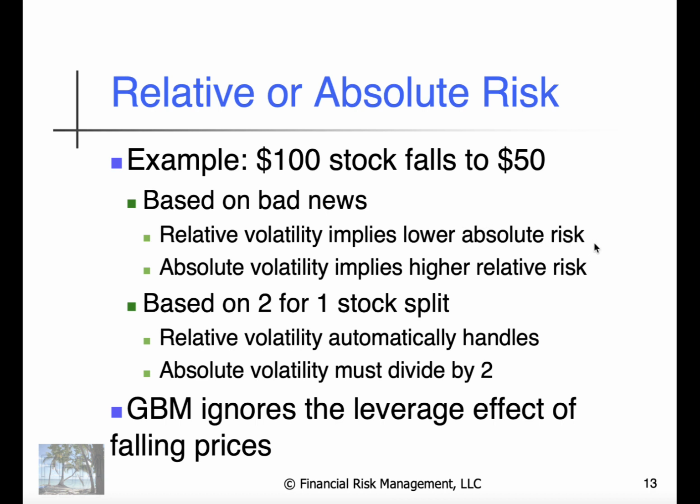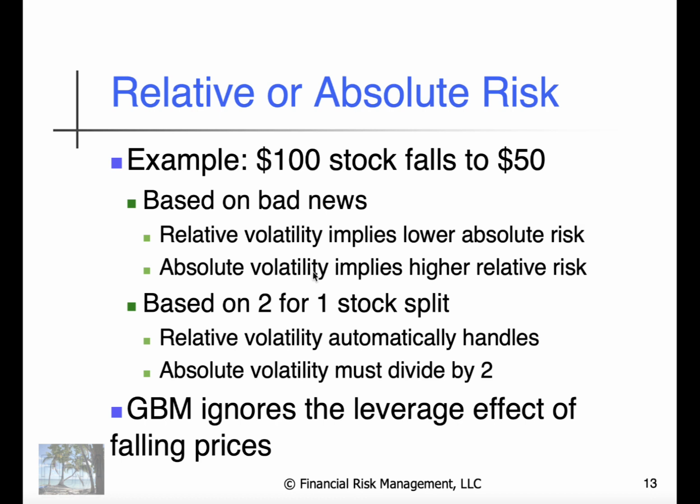That seems counterintuitive to me: if the stock price gets cut in half due to bad news, it is obviously a riskier company, and I would want the absolute level of risk to go up, not down. If it falls based on bad news, the absolute volatility implies higher relative risk, and that makes intuitive sense.